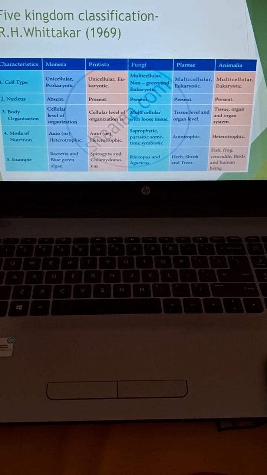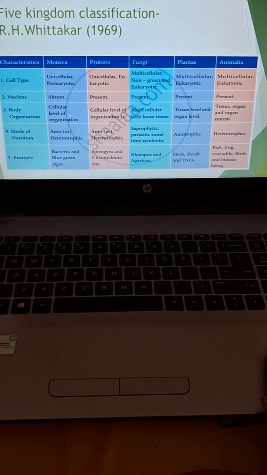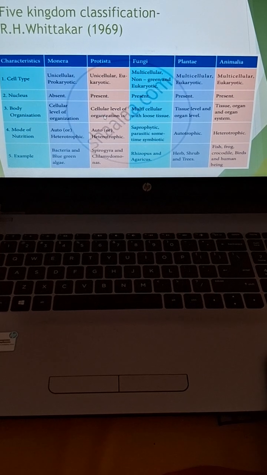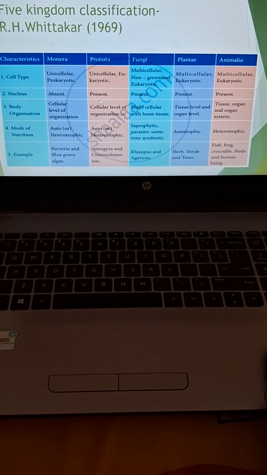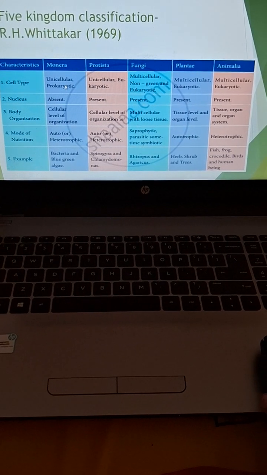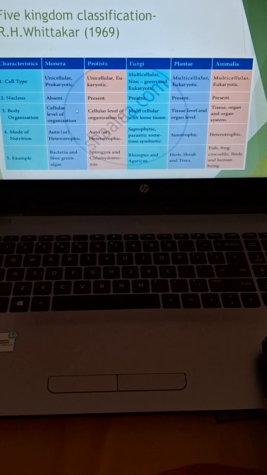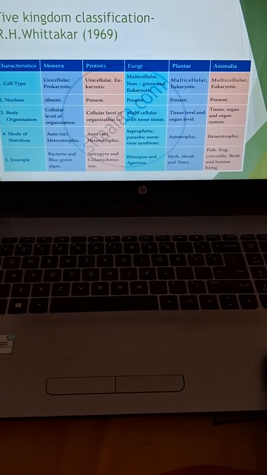Then only the individual can be formed. So the monerans have a cellular level of organization. Protista also have a cellular level of organization because Protista and Monera are unicellular organisms. So for that purpose, they have a cellular level of organization only.